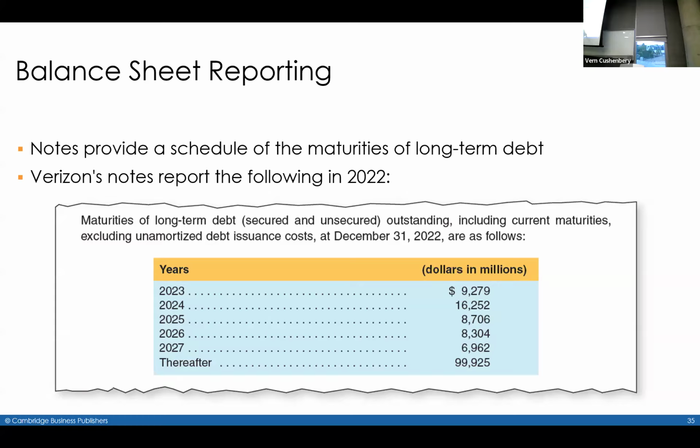So your next job is to understand not only how Verizon's gonna come up with 9.2 billion next year, but 16.2 the following, and so on and so forth. What's their plan? Is this evergreen debt and the cash flow? They're gonna be selling a piece of business. How are we gonna come up with that cash flow?